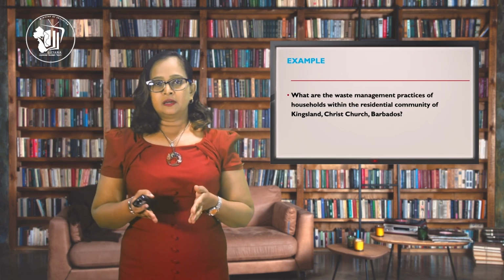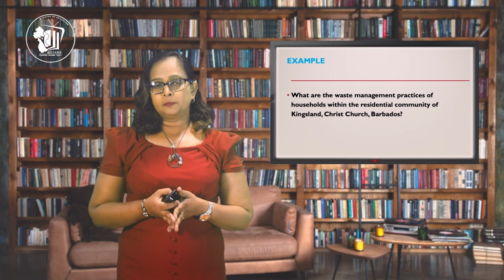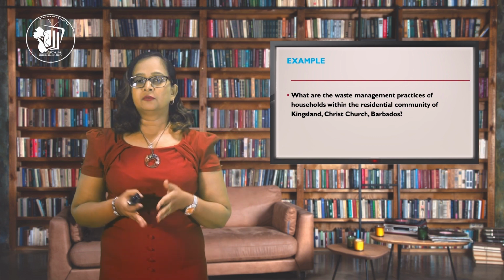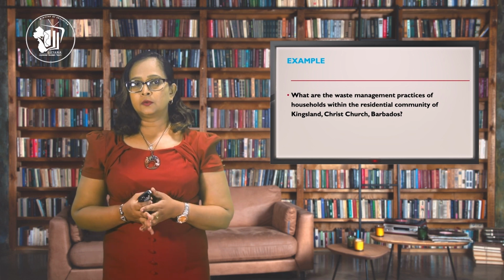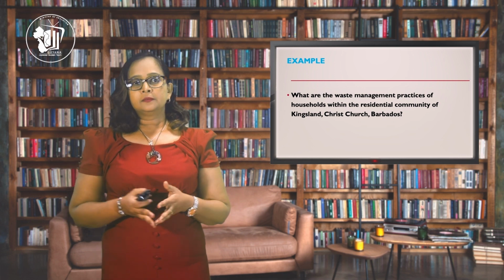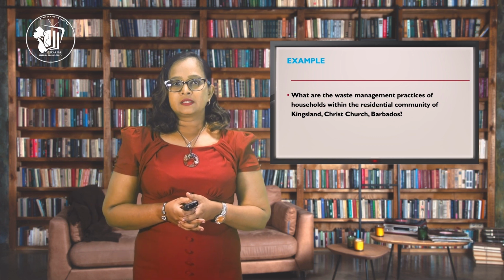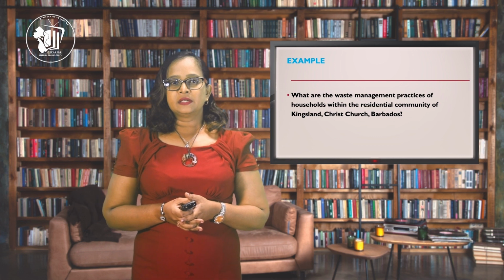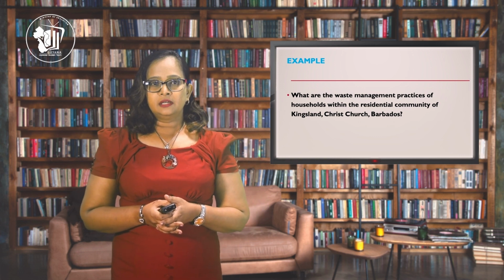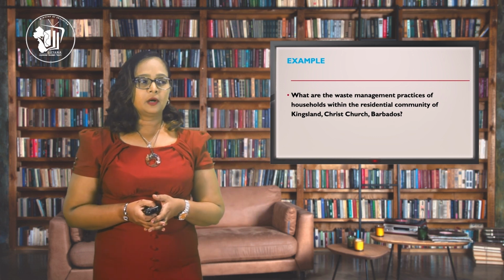So here is an example of how a problem statement can be written in the form of a question. Allow me to read it for you, and you can also go ahead and read it. What are the waste management practices of households within the residential community of Kingsland, Christchurch, Barbados?